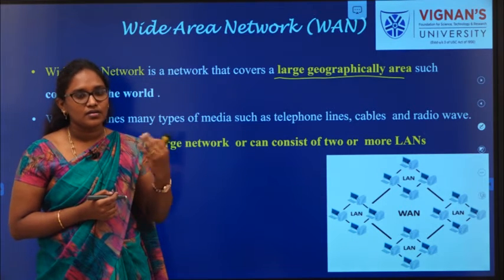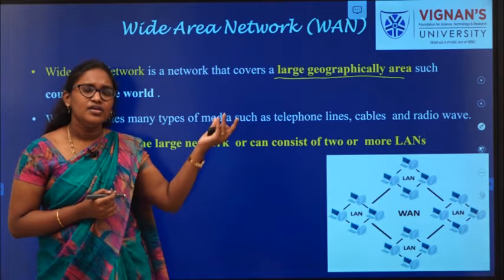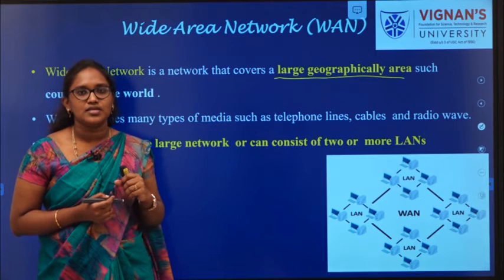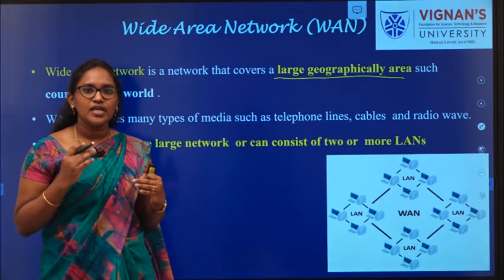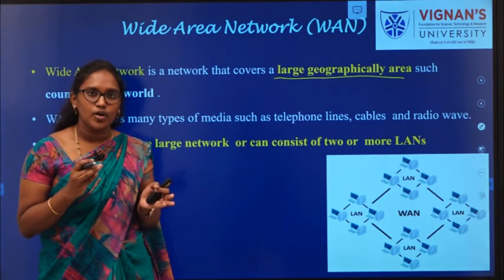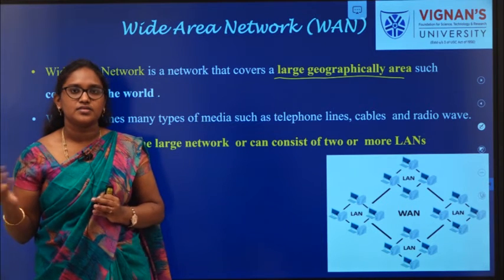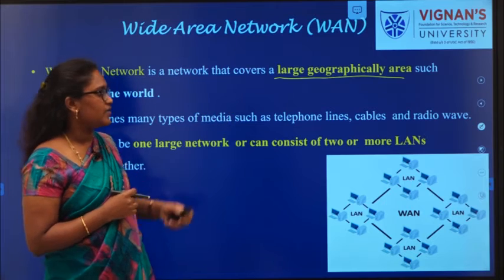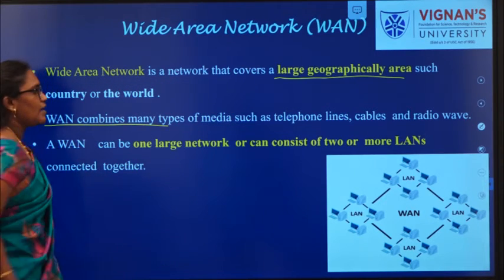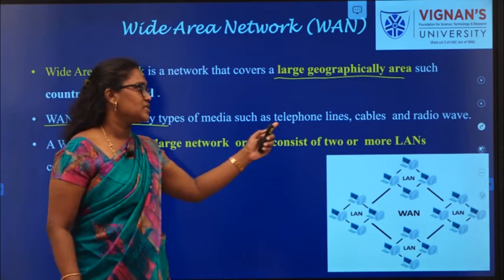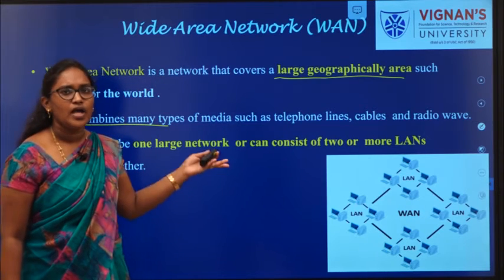So you might already have got the idea, the internet itself will be called a wide area network, because using the internet we can exchange mail from one place to another place, irrespective of geographical location. So a wide area network combines many types of media like telephone lines, cables and so on.